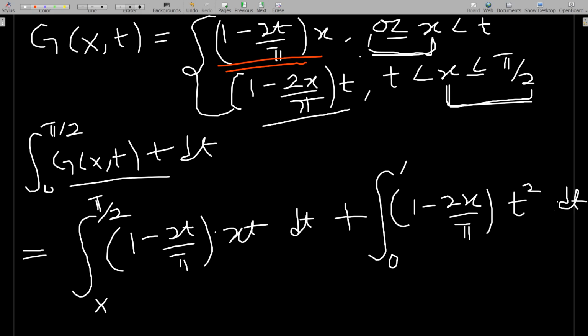Now the first one, when I expand, I'll get something like this. Integral from, sorry, it's not 0, it's x to pi on 2 rather.